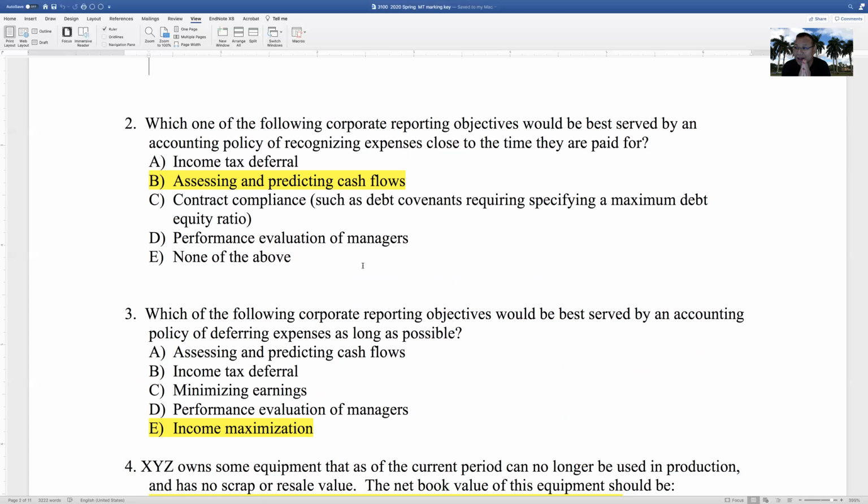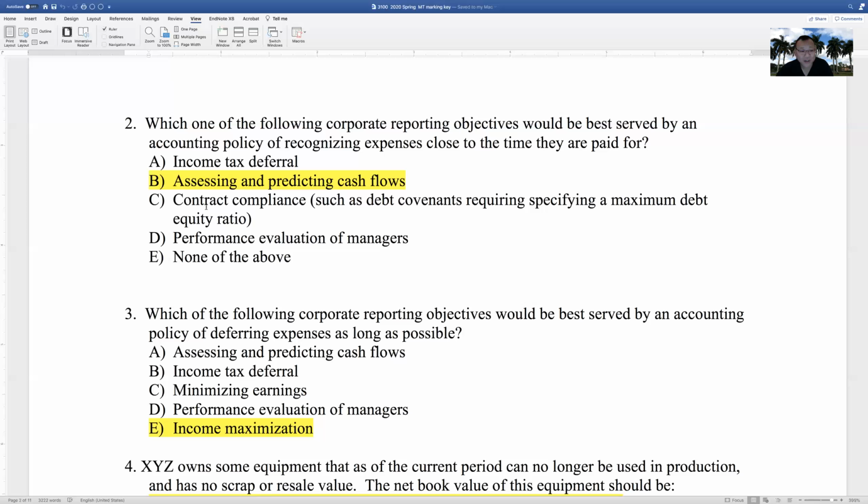For cash-based accounting, revenue or expenses are recognized always when there is a cash inflow or cash outflow. The closer the recognition is to the timing of the cash flows, the better you can use the financial statements, especially the income statement, to assess and predict cash flows.